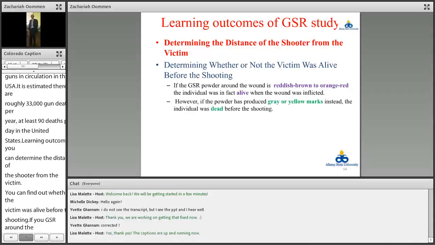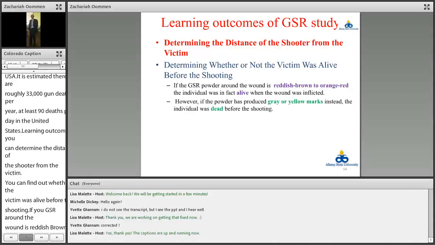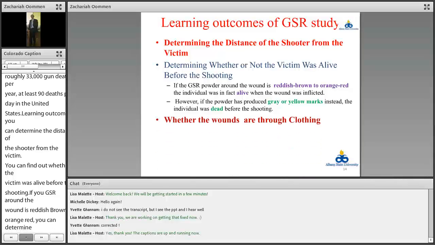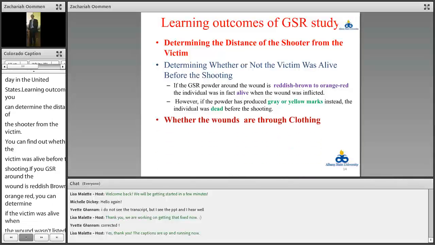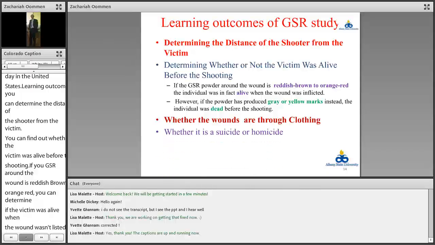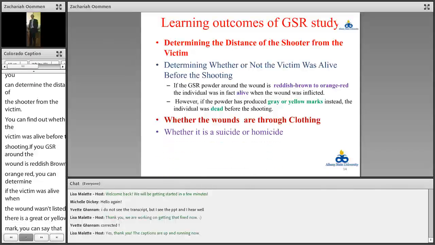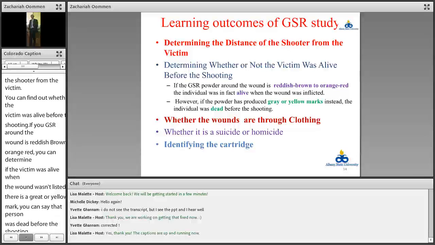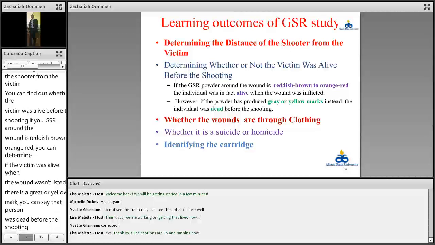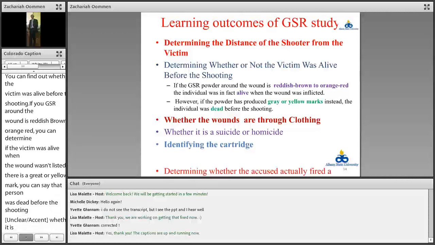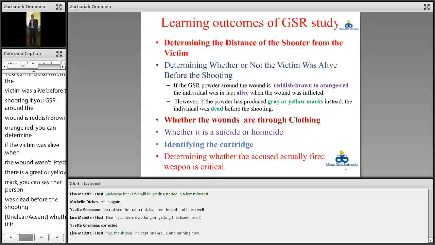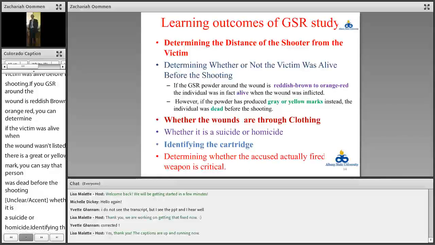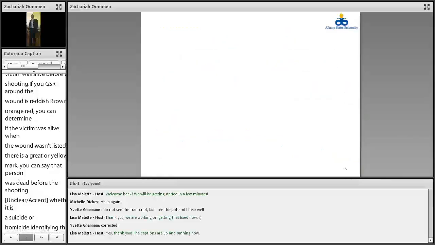Similarly, if you have a gray or yellow mark, you can say that the person was dead before shooting. You can also determine whether the wound occurred through clothing, whether it is a suicide or a homicide, and identify the cartridge. It is very critical to establish whether the accused has fired the weapon. So these are some of the learning outcomes of GSR.